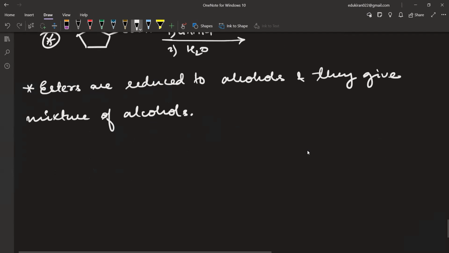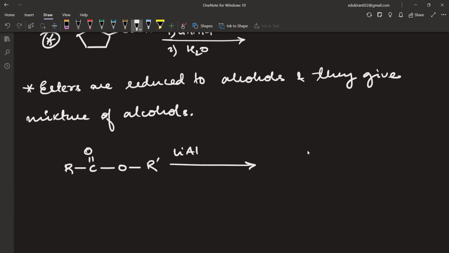So for example, you have R, C double bond O, and O, R dash. Now, in the presence of LiAlH4, but for esters, you can use the sodium ethanol combination also. Okay. So let me just write it.